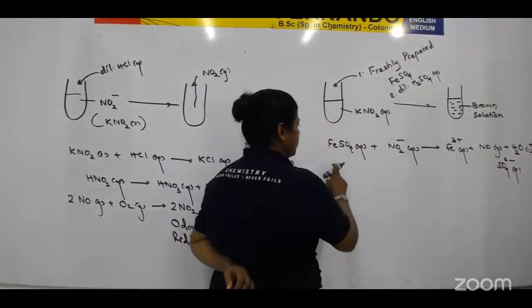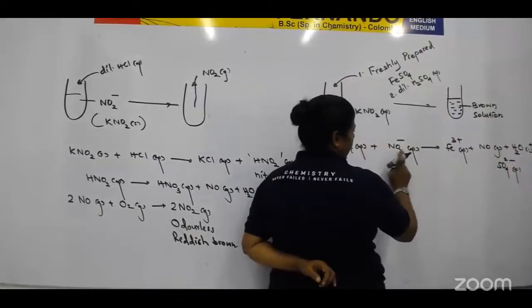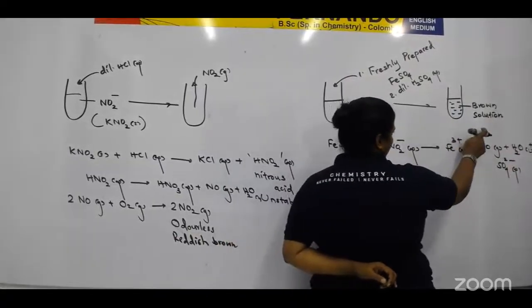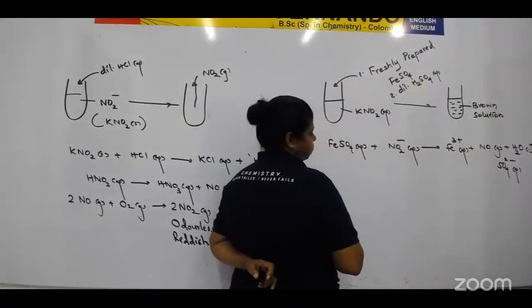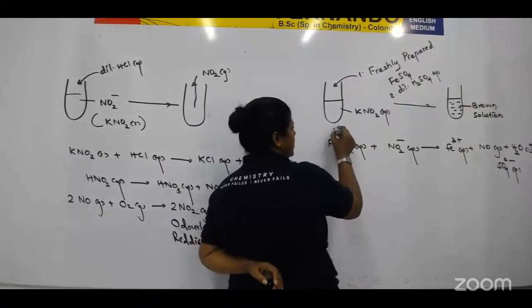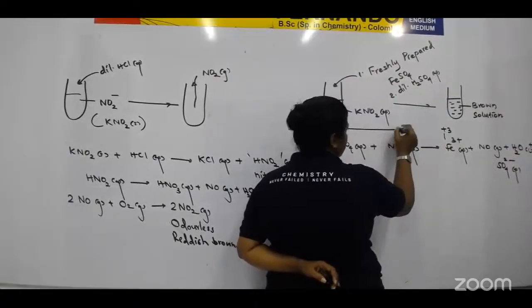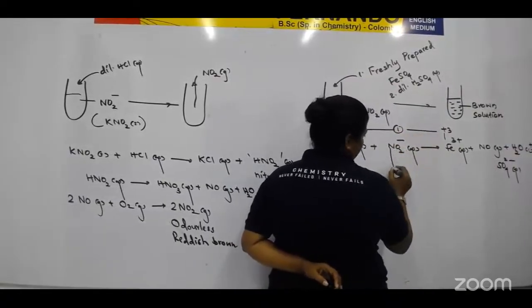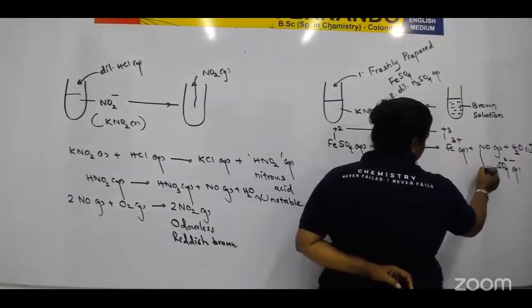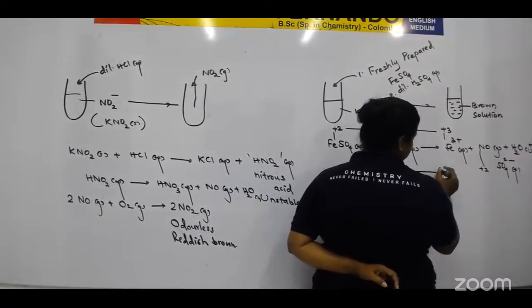Fe2 plus goes to 3 plus. NO2 minus goes to NO. Here oxidation state +2, here +3, difference is 1. Here +3, here +2, again difference is 1.